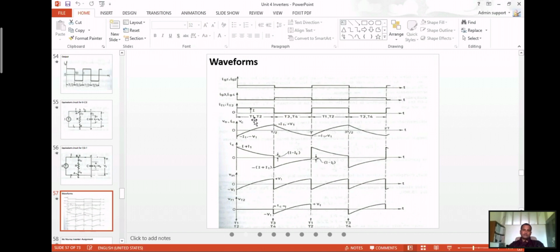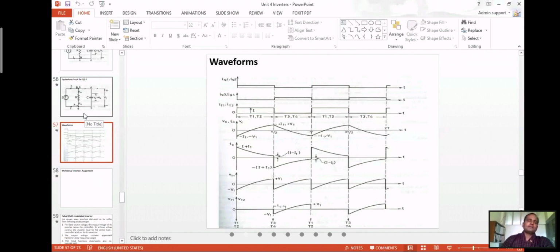When T1 and T2 are conducting, T3 and T4 will be commutated, and the voltage goes from negative to positive. So one whole cycle is the total time 0 to T.